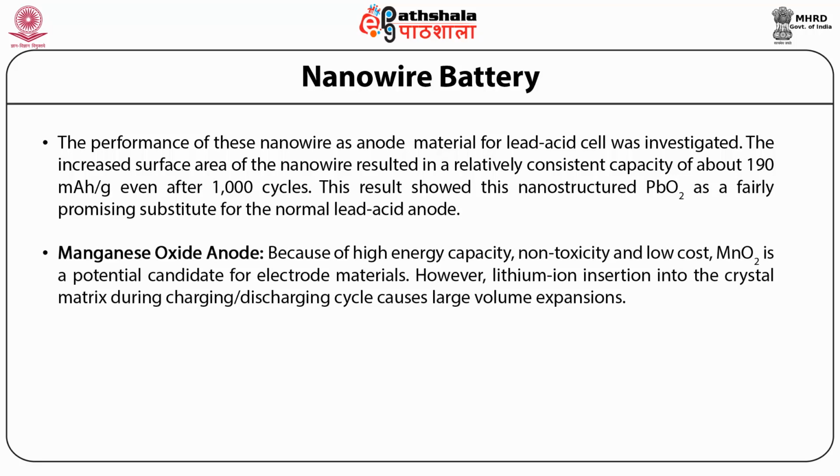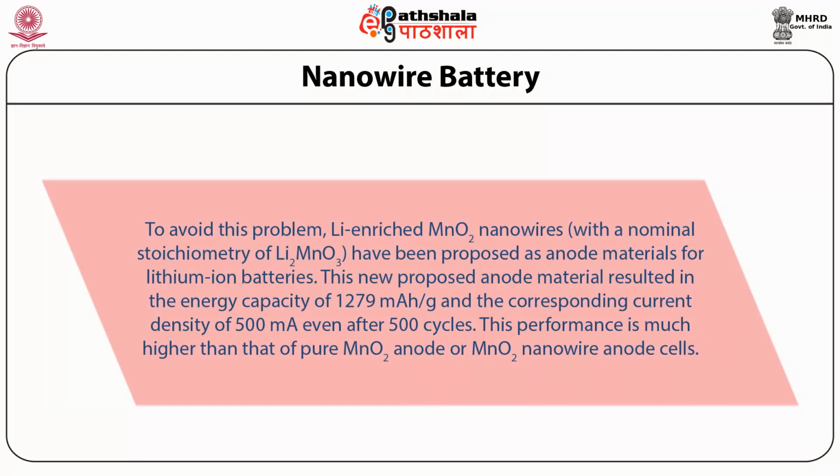The next one is the manganese oxide anode. Because of high energy capacity, non-toxicity and low cost, MnO2 is a potential candidate for electrode materials. However, lithium ion insertion into the crystal matrix during the charging-discharging cycle causes large volume expansions. To avoid this problem, lithium-enriched MnO2 nanowires have been proposed as anode materials for lithium-ion batteries.